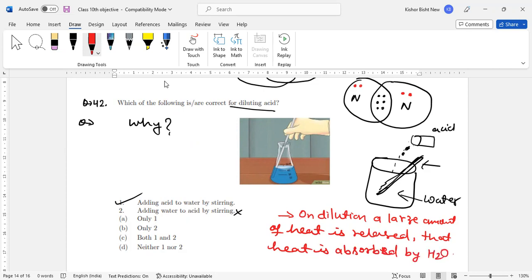Look, whenever we add acid into water, the acid releases a huge amount of energy and that energy is absorbed by the water.